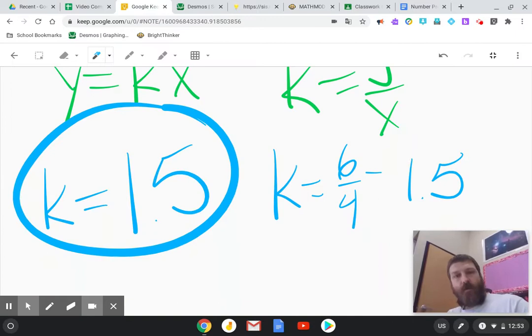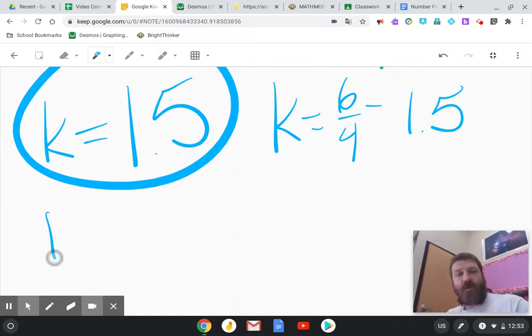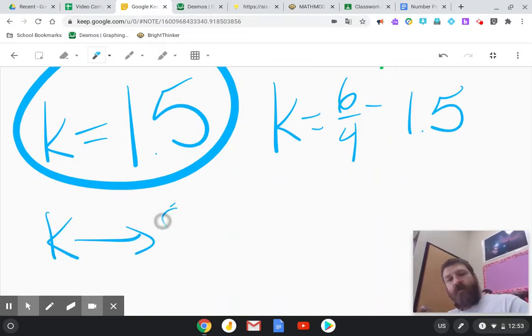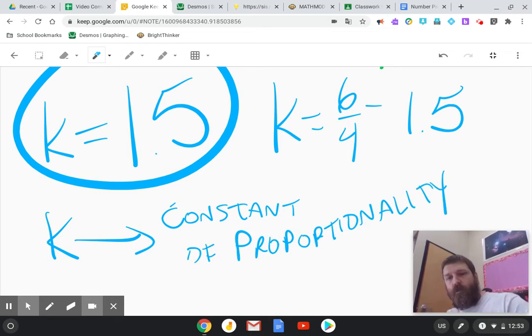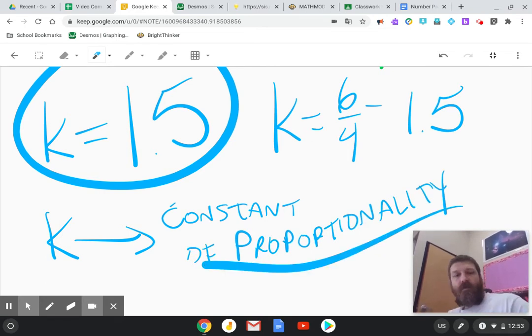K, which is what we call the constant of proportionality. Constant of proportionality. Mouthful. All right, the constant of proportionality.